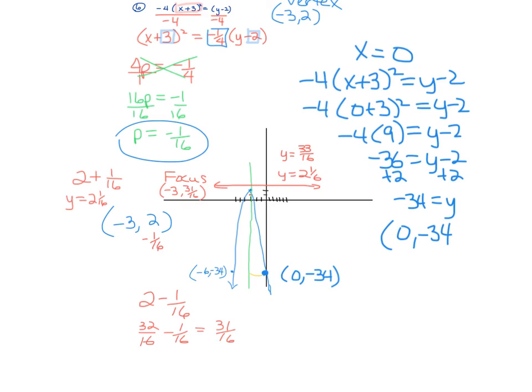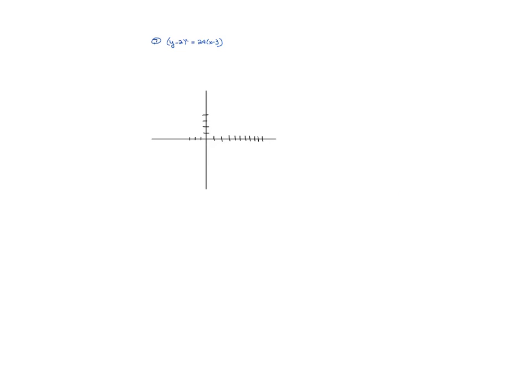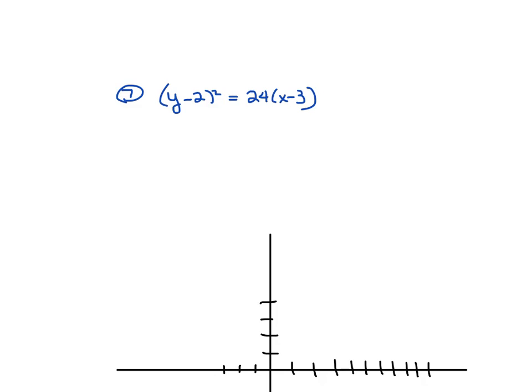One more example. Same thing. Pretty good? Next one. Again, it's a y squared, and the 24 is positive, so it's going to be a C. So again, my vertex, let's pull it out.